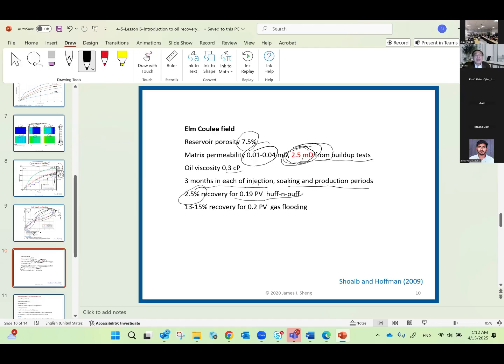And then you inject 0.25% gas flooding, you get 13 to 15% oil recovery. Okay, so in this way, let's say injection volumes are almost similar, 0.19, 0.2. But here, gas flooding gets more oil recovery.